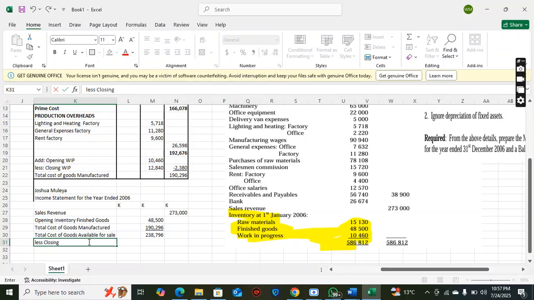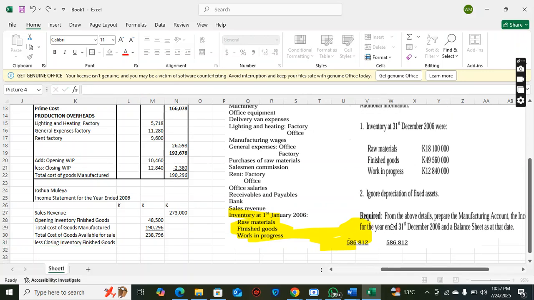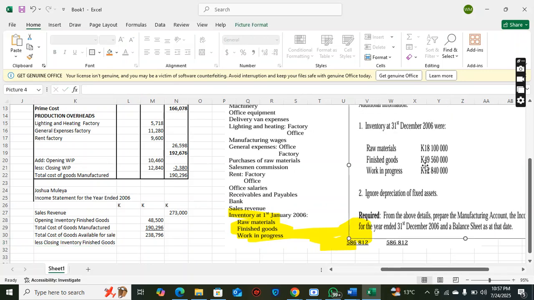Yes, closing inventory. So closing inventory of finished goods, 49,560.